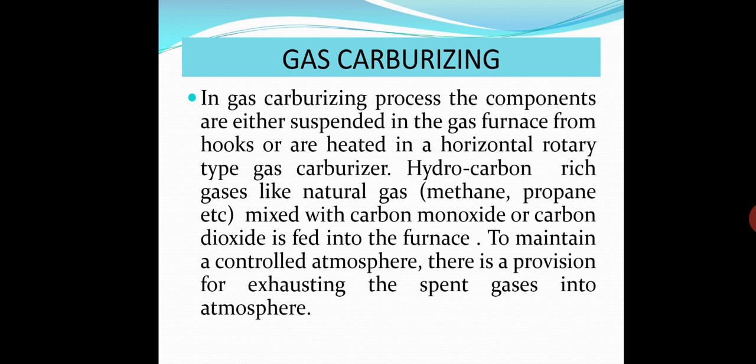Hydrocarbon rich gases like natural gas, methane, propane mixed with carbon monoxide or carbon dioxide are fed into the furnace to create a gaseous medium inside the furnace where the component is suspended or kept in a horizontal position. To maintain a controlled atmosphere, there is a provision for exhausting the spent gases into the atmosphere.